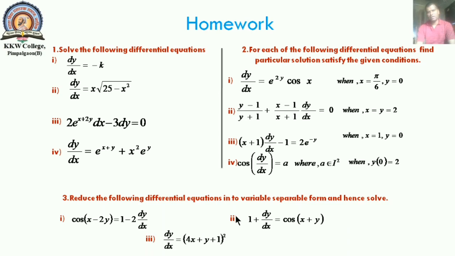For such kind of examples, variables are not easily separated. We have done it: what is the substitution for this? Put x minus 2y is equal to v for the first example, x plus y is equal to v for the second, and for the third example, 4x plus y plus 1 is equal to v, and find the general solution easily.